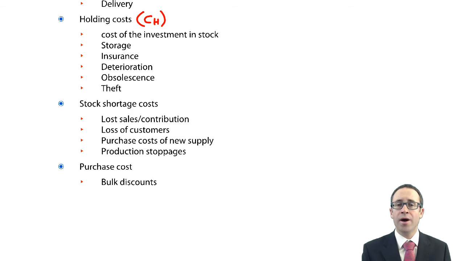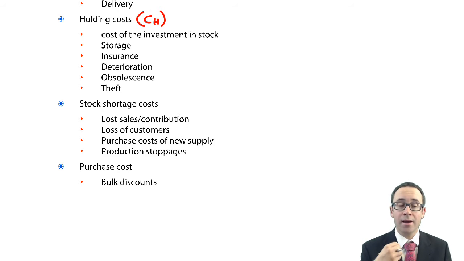Because if you buy lots of inventory, you've got a lot more holding costs, haven't you? But if you're buying lots of inventory, then you have a much lower reordering cost, don't you? Or a lower ordering cost. Because if you're buying lots of inventory in one go, you don't have as many order costs to incur on a regular basis.